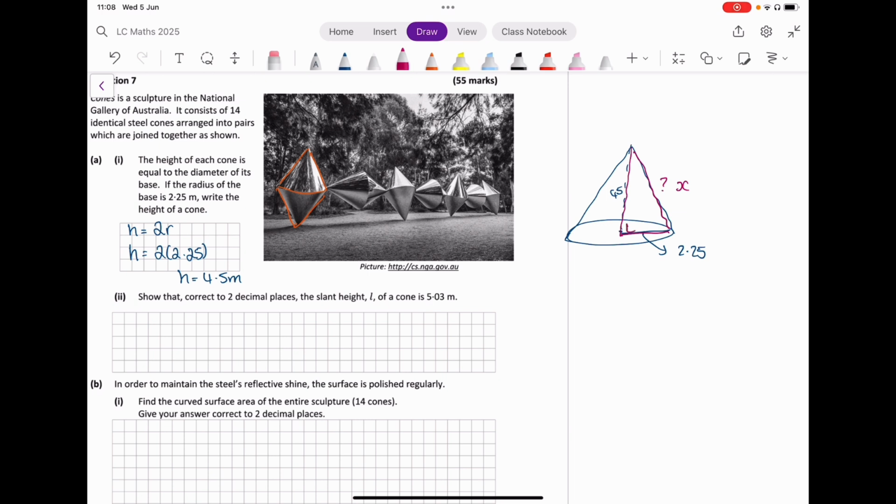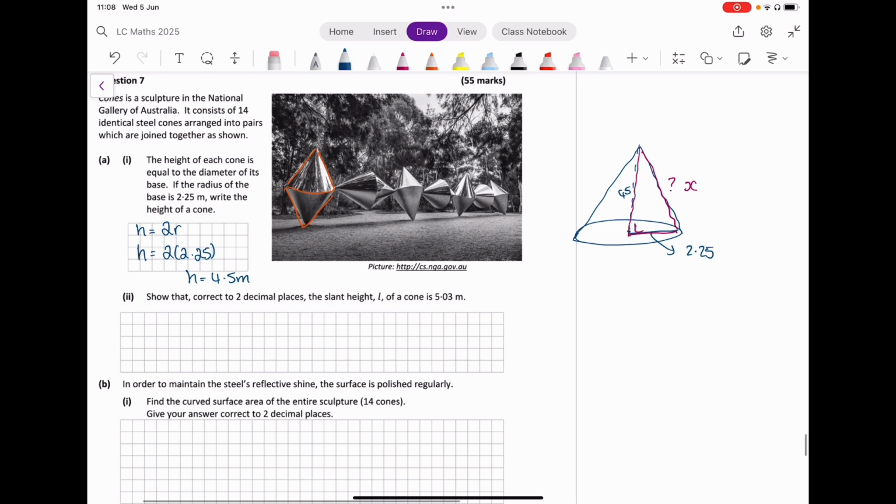And because it's a right angle triangle, we can use Pythagoras' theorem. So I can just say that x squared is going to be equal to 4.5 squared plus 2.25 squared. So that gives me x squared is equal to 25.3125.